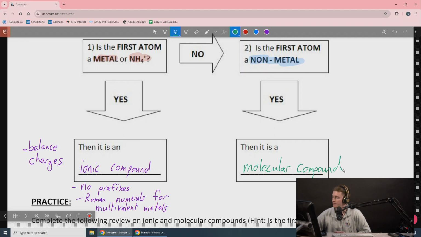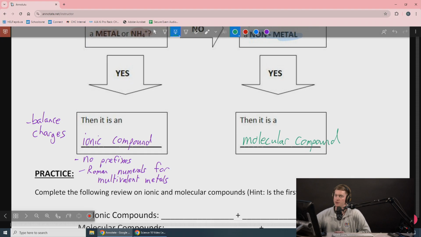And if you have a molecular compound, now you need to use prefixes to indicate numbers of each atom.